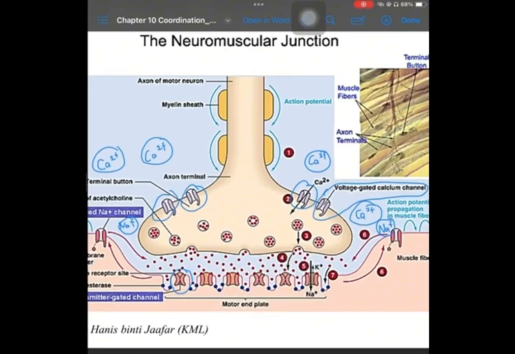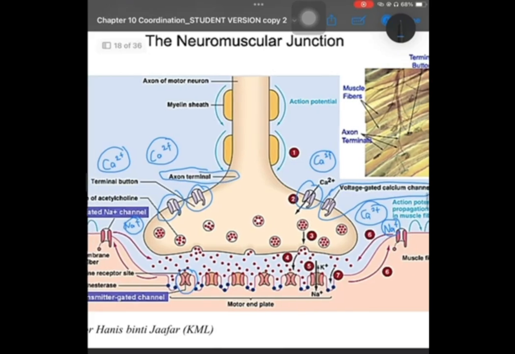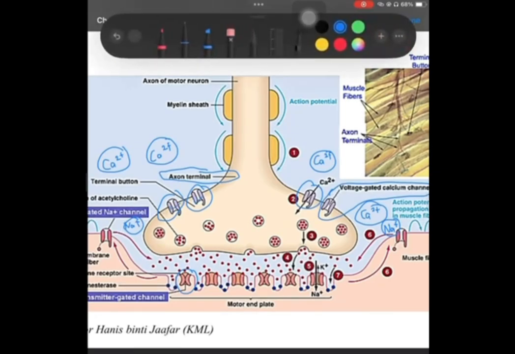So the arrival of the action potential at the axon terminal, which is here, will depolarize the presynaptic membrane and open all these voltage-gated calcium ion channels.